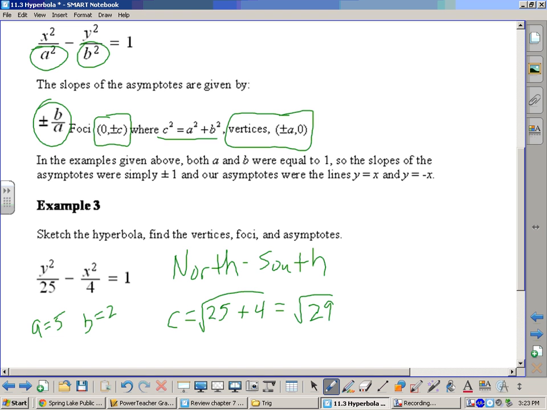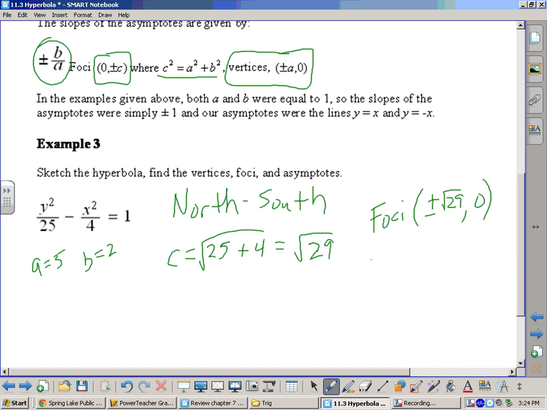So the foci in this case will end up being plus or minus square root of 29, 0. And that's just based on the formula up there.